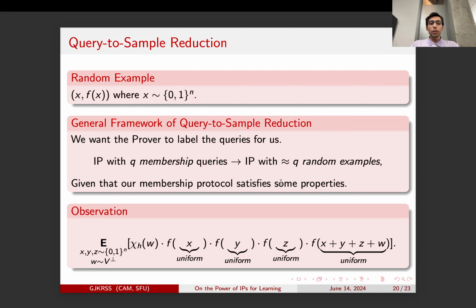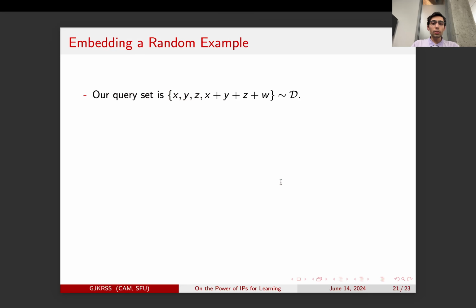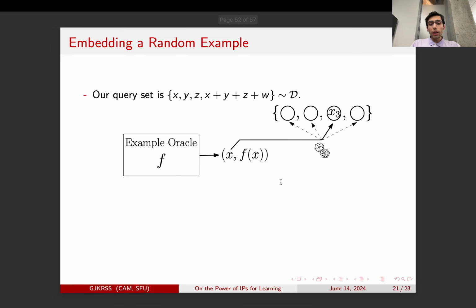So we can do the following trick. This query set, which I've written here, comes from a distribution D. And also the marginal distributions are uniform. So the verifier asks for a random example, and then she embeds this input given by this random example into a random location of a query set.